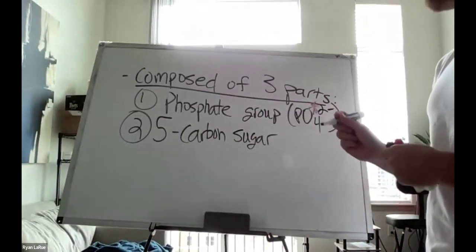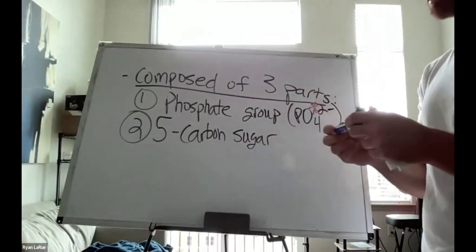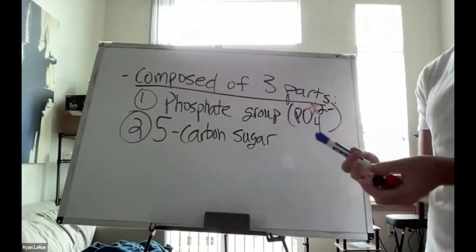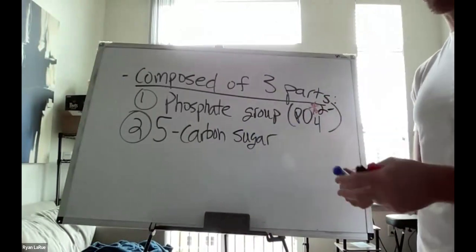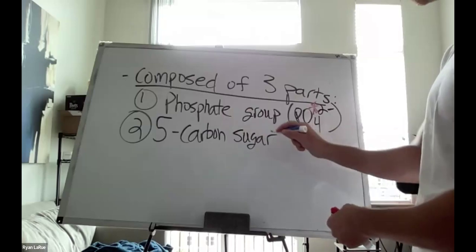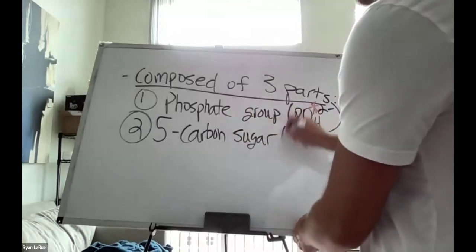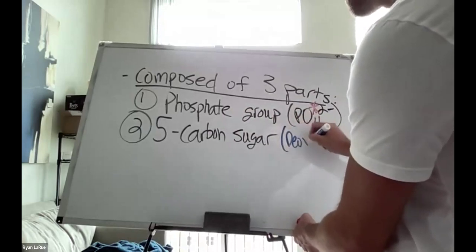And so I'm actually going to color code now. So blue is going to be my indicator that we're talking specifically about DNA. And so for DNA, the sugars that make up nucleotides of DNA, it's called deoxyribose.